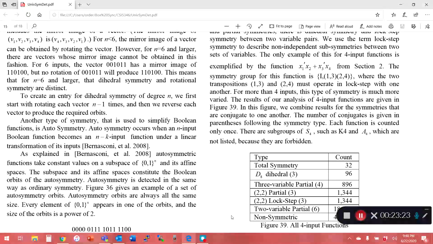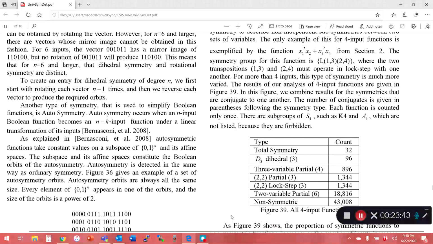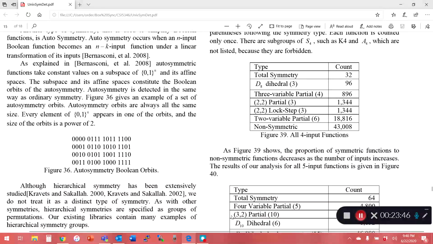The way an autosymmetric function works is there will be a singular matrix, that is, a matrix that's not one-to-one, that defines that symmetry. And what we will do is find the kernel of the transformation defined by that singular matrix. That means all vectors that get mapped onto the vector 0.